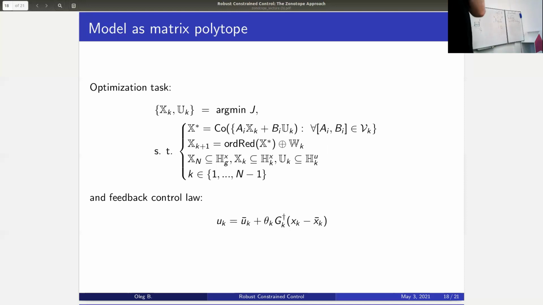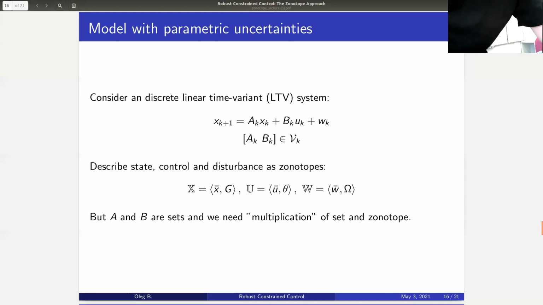Because before, when we spoke, your model could only have a set as additional disturbance. You said, okay, I know our model precisely, but I don't know our disturbance. In this case, you say, okay, I don't know my model precisely.